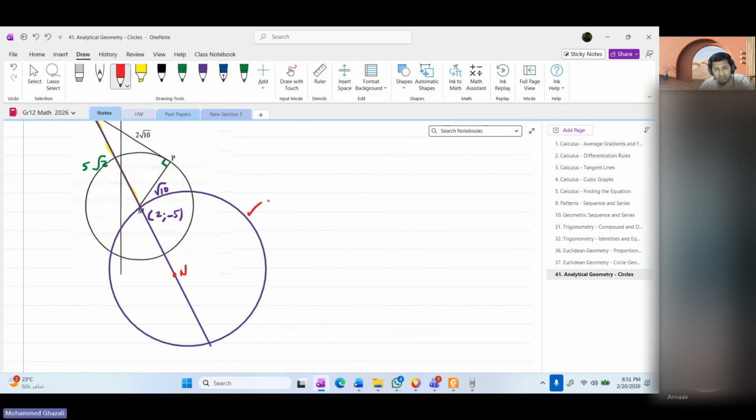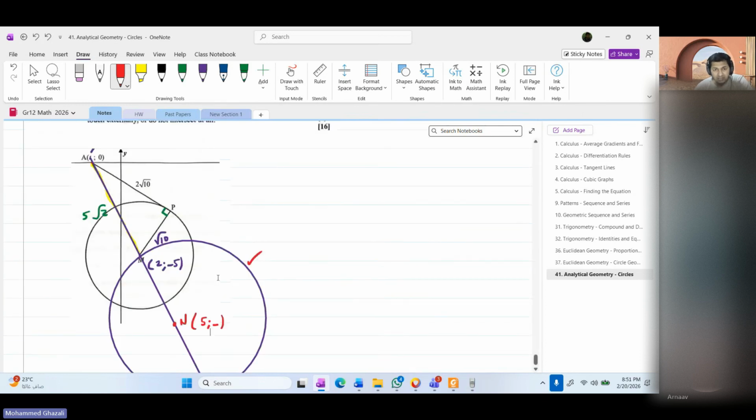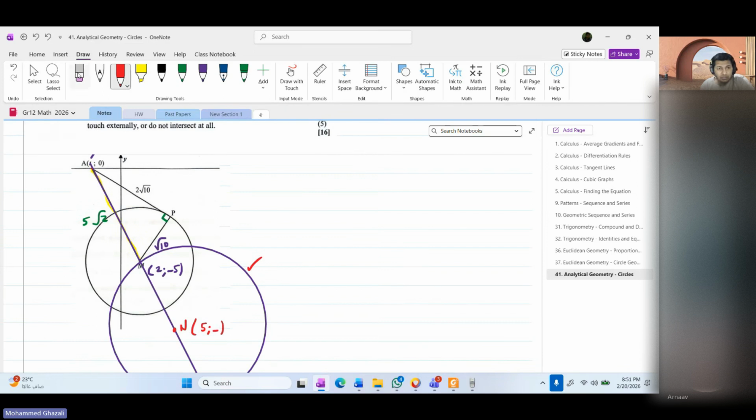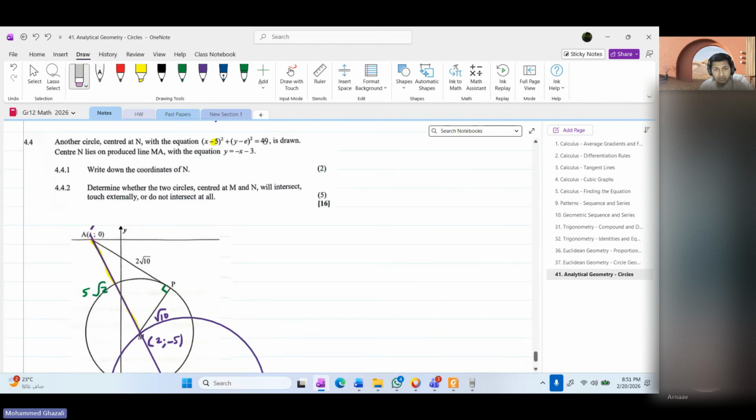Remember the equation of the circle is given. The coordinates are 5 and something. I don't know what this value is because that value is just E. You can see here, it is 5 and E. So I'm going to write that the center is (5, E). E is the unknown. All right. But we now know the radius because r squared is 40.